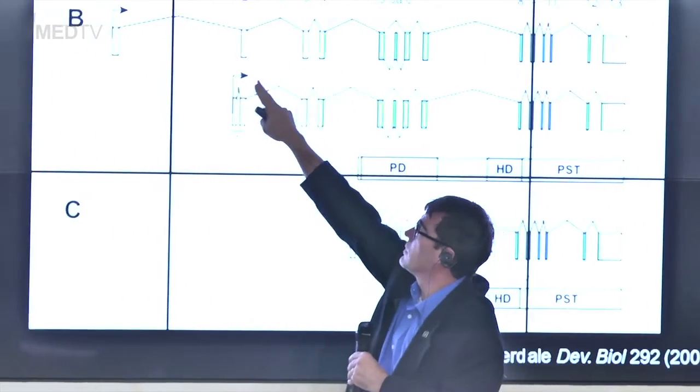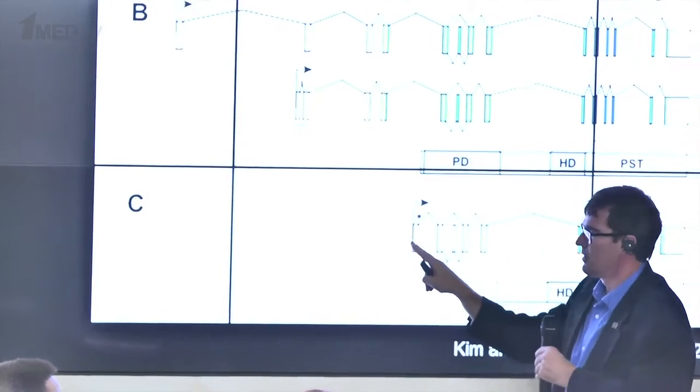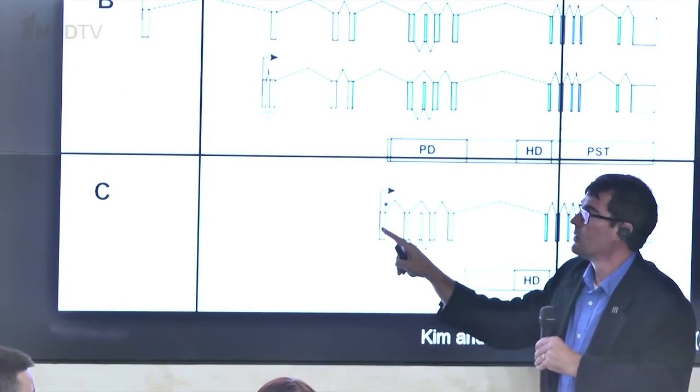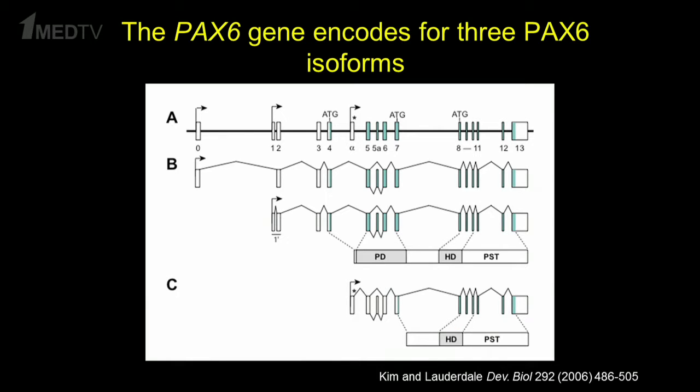This line, and this line, and this line represent the message or the architectural blueprint. And then these last two lines represent the protein that's made.